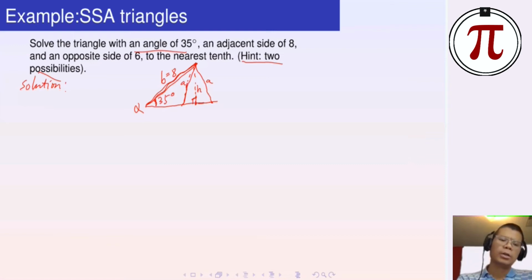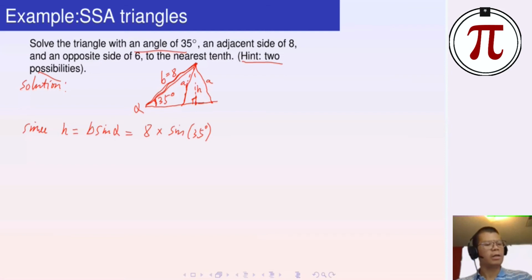Okay, so solution. Since h equals b sine alpha, that equals the adjacent side, 8, times sine of 35 degrees.